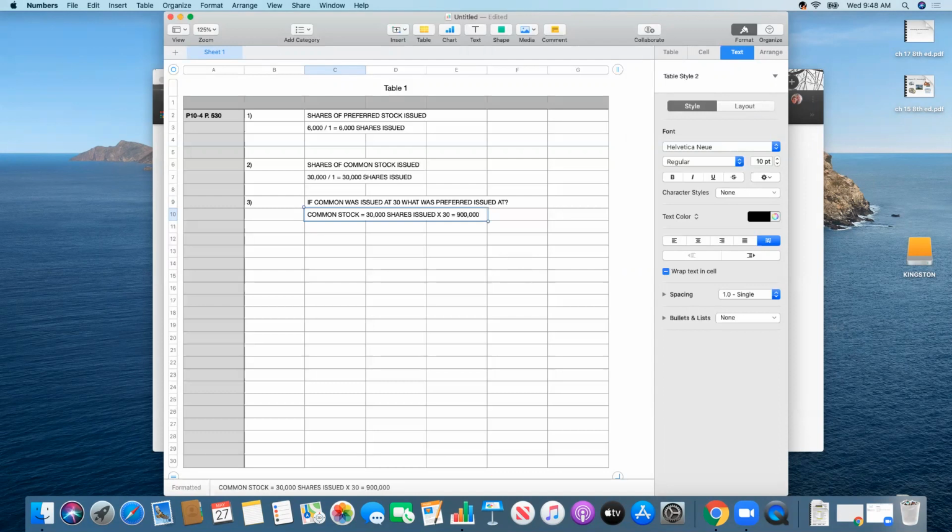The common stock was issued for a total of 900,000. Well, how much was common stock?